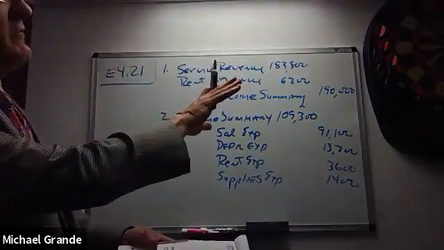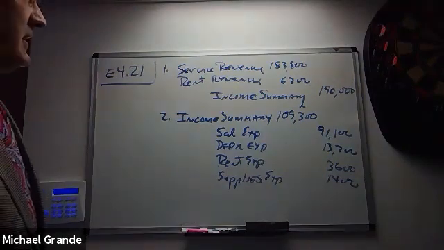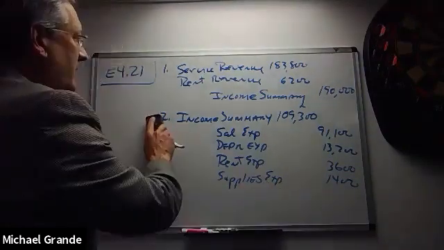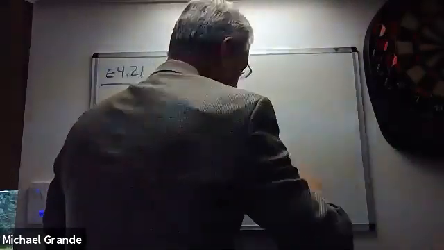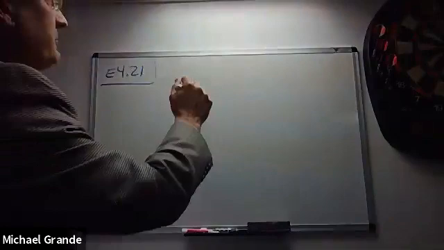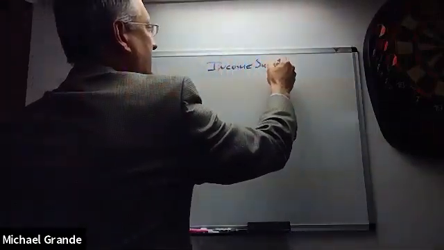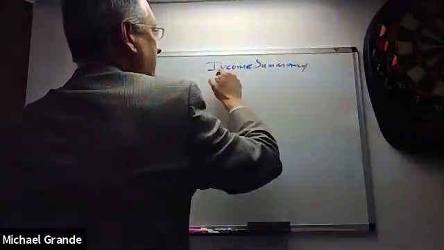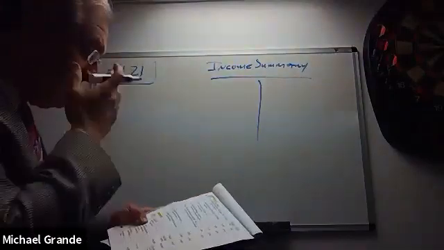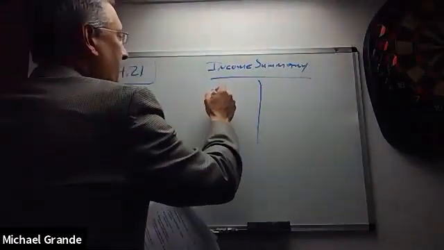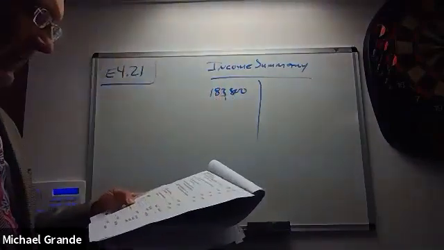So item one, we closed revenue accounts to income summary. Item two, we closed expense accounts to income summary. So now we're going to do what? Close income summary to retained earnings. But let's look at that income summary account. It's a T account, just like any other account. And you have debits and credits. So when we closed revenue, we had a debit of $183,800.